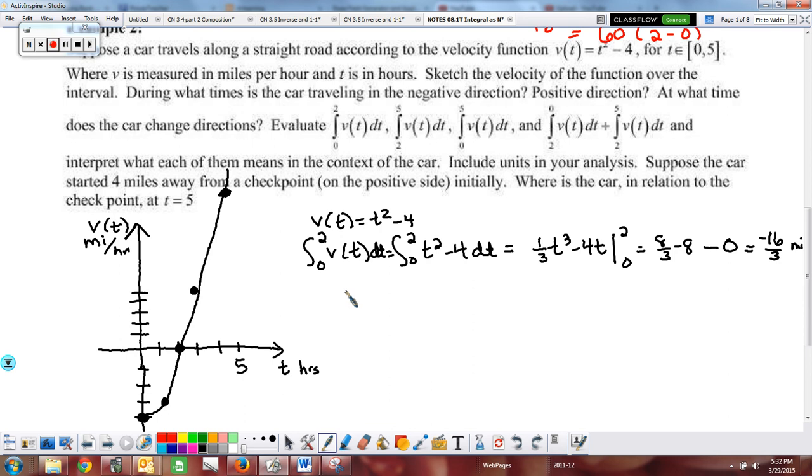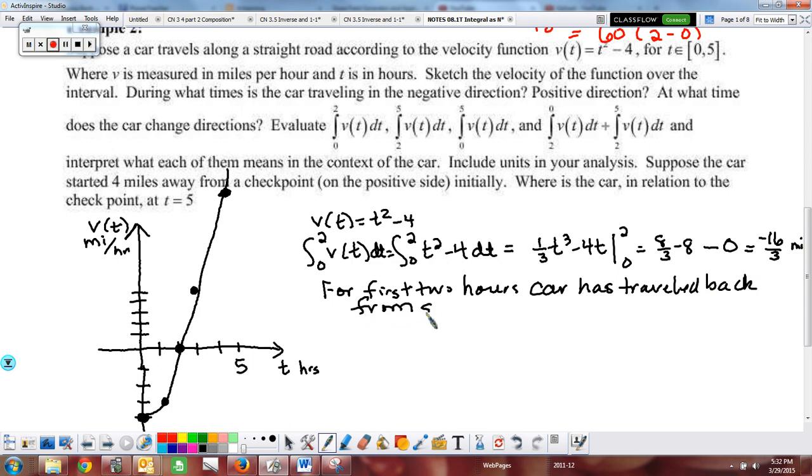So at a certain point in time, for the first 2 hours, the car has traveled backwards from their starting position a distance of 16/3 miles. 5 1/3 miles.